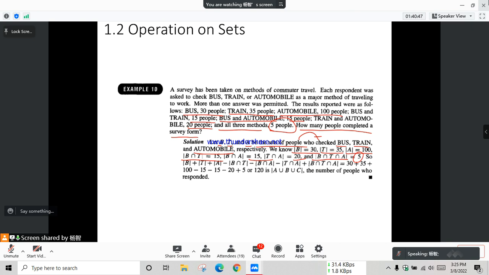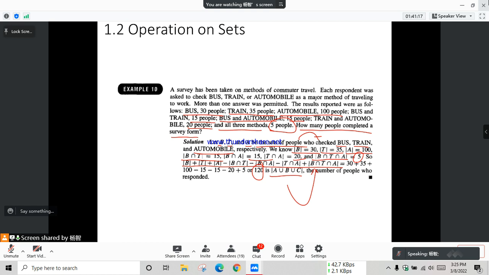So the cardinality of the union of A, B and T can be calculated like this, and the answer is 120. So there are 120 people who completed the survey form.